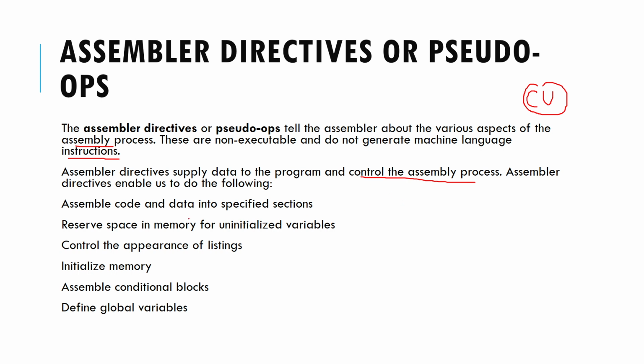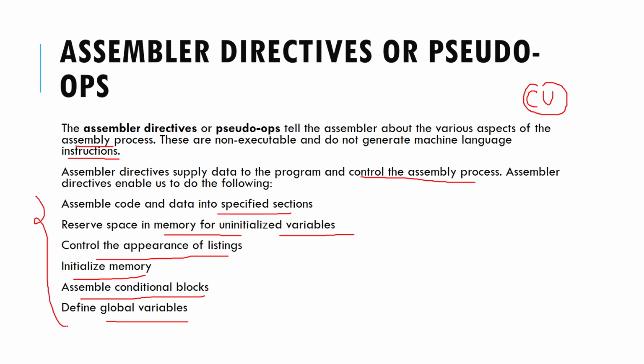The tasks performed by assembler directives are: assemble code and data into specific sections, reserve space in memory for uninitialized variables, control the appearance of listings, initialize memory, assemble conditional blocks, and define global variables.